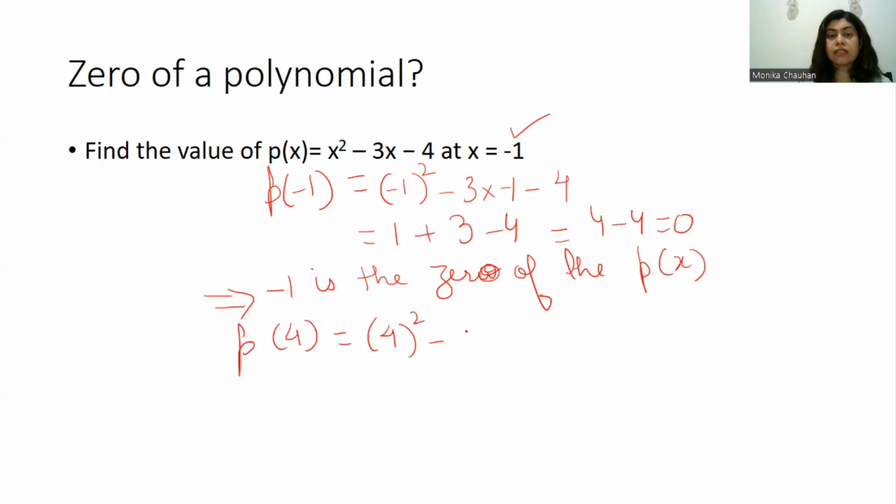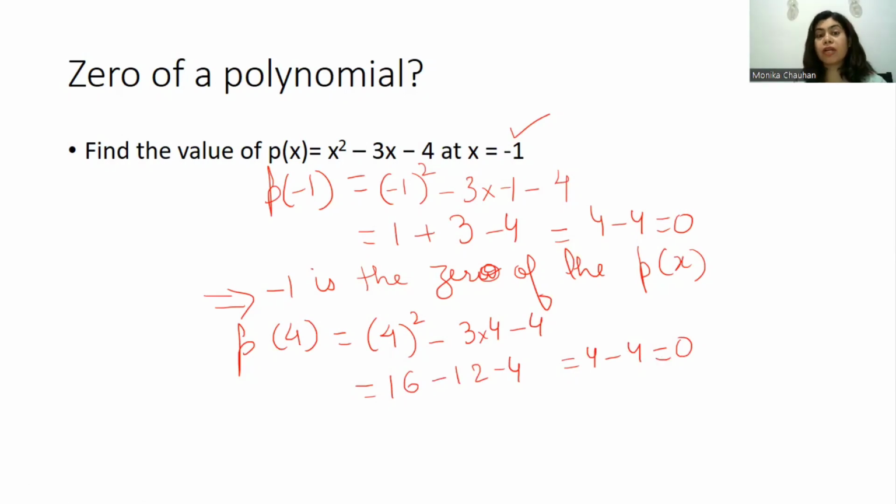Next, -3x, 3 into 4, -4. Now 4 square means 4 into 4, 16, -12, 3 into 4 is 12, -4. What is 16 minus 12? 4. 4 minus 4, what do you get? 0. That means when I put the value for x as 4, even then I get 0.